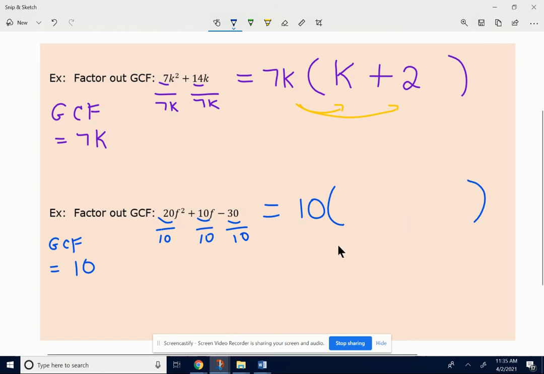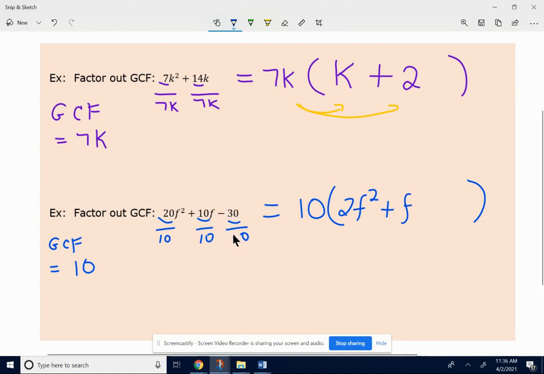And again, when you get good at this, you're not going to have to write all this out like this. 20 divided by 10 is 2, and then you still have f squared, so this is 2f squared. 10 divided by 10 is 1, and you have an f, so 1f. It'd be a lot better just to keep that 1 out, so just f.